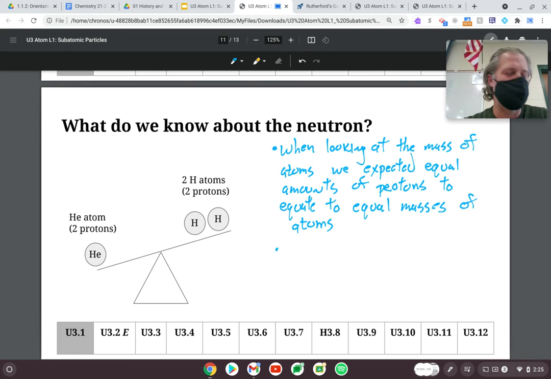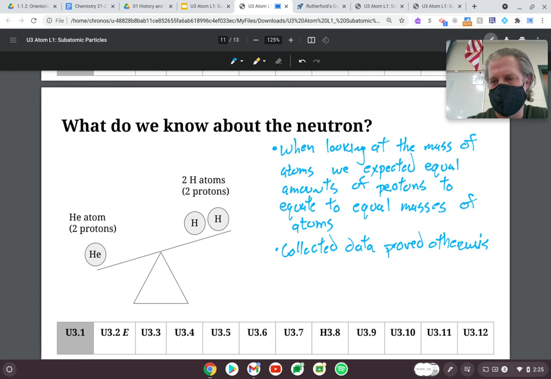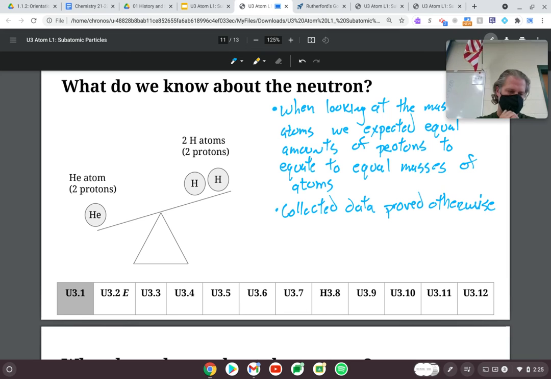Collected data proved otherwise. The collected data that supports this was the fact that we knew that certain atoms had a specific number of protons, and yet those atoms' masses did not match up.